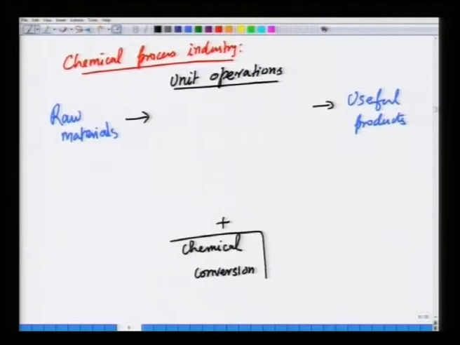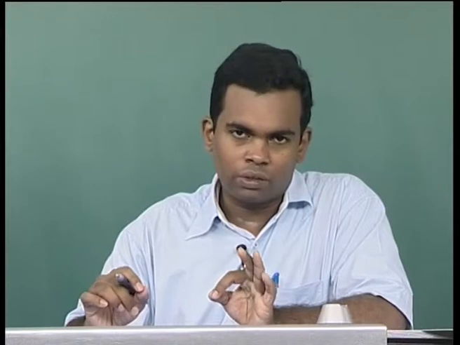Okay. So, chemical conversion is the conversion of a reactant or a few reactants to a product which is useful, and unit operations are physical operations which involve either separation of two chemicals or separation of heat energy from one stream, or just pure mechanical operations like grinding of a solid, or separation of two species by virtue of their density difference and so on.